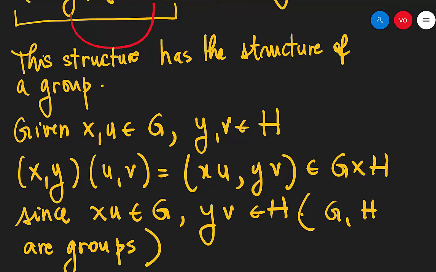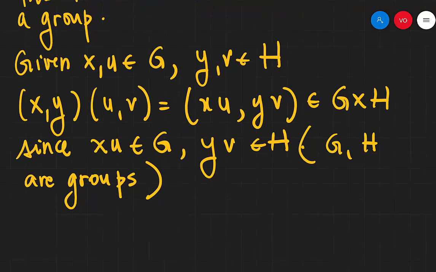So because these groups are closed under the respective operations, the Cartesian product of G and H is closed under this new operation.